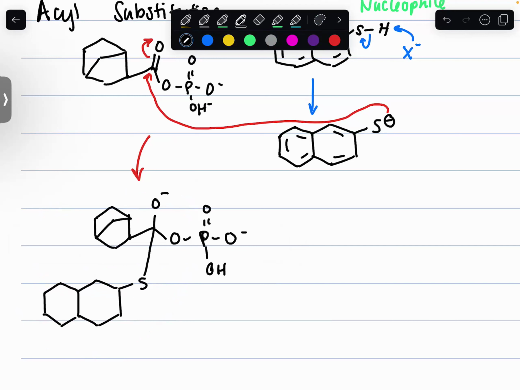We have our tetrahedral intermediate. This is going to collapse and kick off our leaving group.